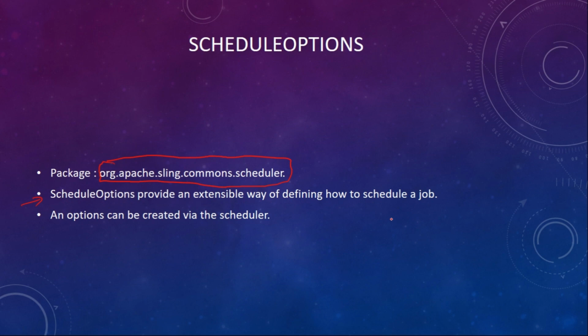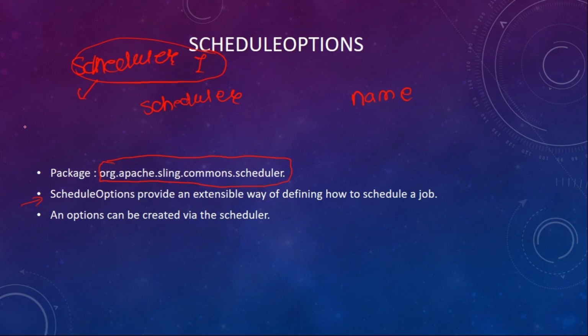job runs. That means consider some requirement: I just simply want to set the name for the scheduler, but inside our scheduler interface we don't have any specific method related to a name.